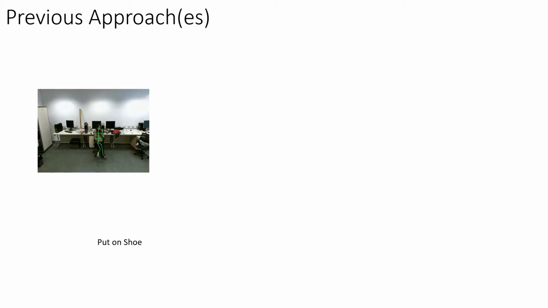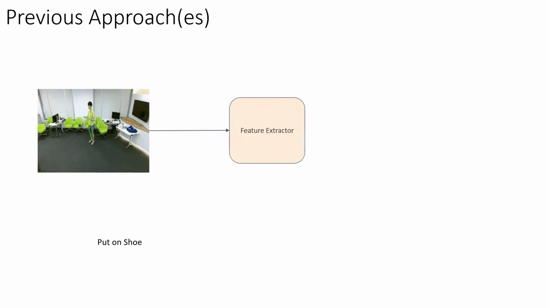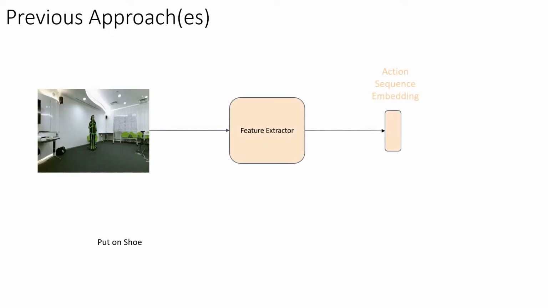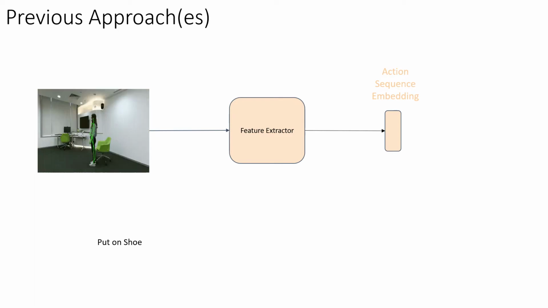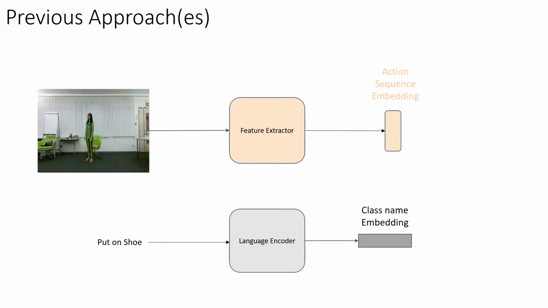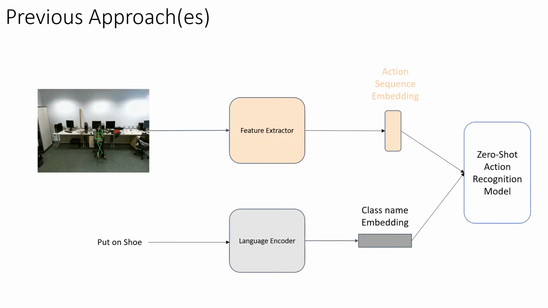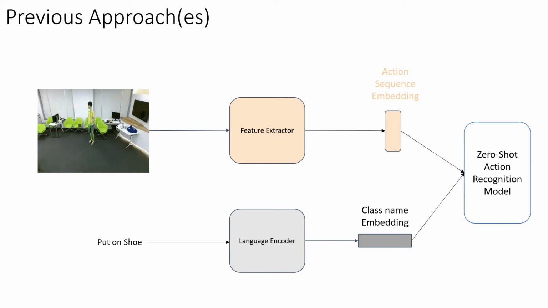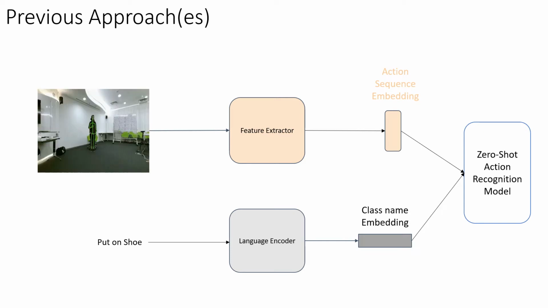Most zero-shot learning skeleton action recognition techniques use a feature extractor module to extract useful information from the given skeleton representation. The class labels are also encoded using a language encoder. The two embeddings hence obtained are then fed to a zero-shot action recognition model which learns to classify a given skeletal sequence.